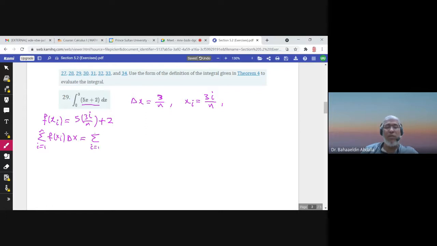Okay, so it is the summation of 5 times 3i, which is 15i over n, plus 2, times 3 over n. I will expand. So I will have 3 times 15, 45, i over n times n is n squared, plus 2 times 3, 6 over n.